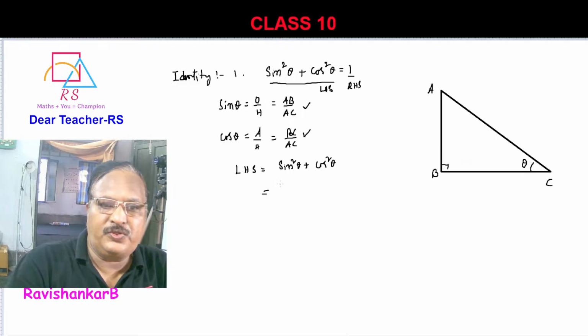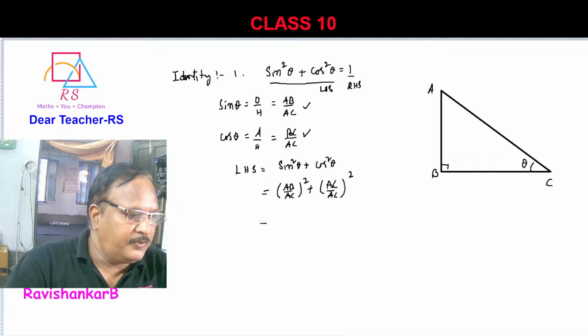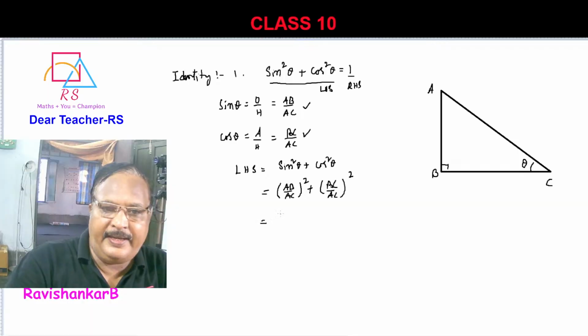Then it is (AB by AC) whole square plus (BC by AC) whole square. If I remove the square, it is AB square by AC square plus BC square by AC square.